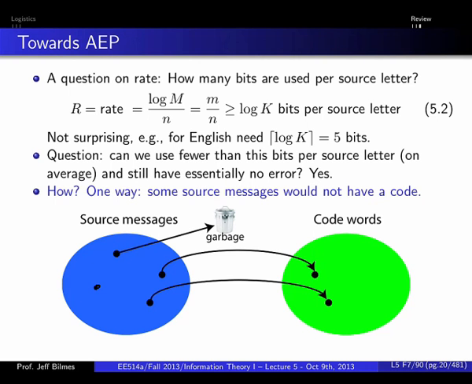Every dot is a source message, or string, but it's the same thing. It's a string. We can talk about bit strings. We can talk about strings in our source alphabet. But the point is that every single dot represents a source message. And here, every dot represents a code word on the right-hand side.